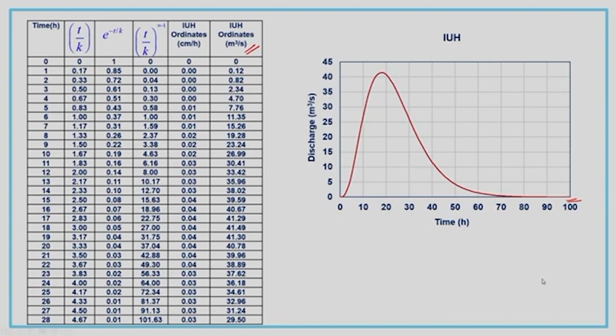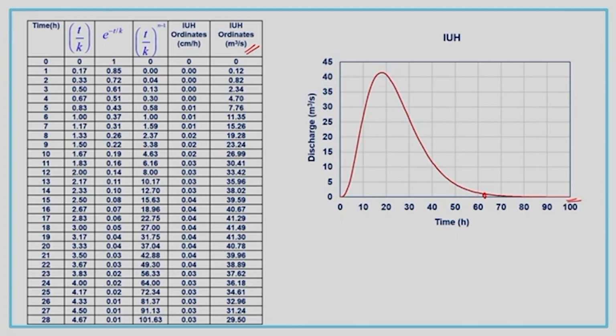Initially we do not know how long the calculation has to be continued. We need to increase the time value until we get an IUH ordinate value approximately equal to 0. Or if we are getting approximately up to this value, that is 60-65 hours, we can stop.